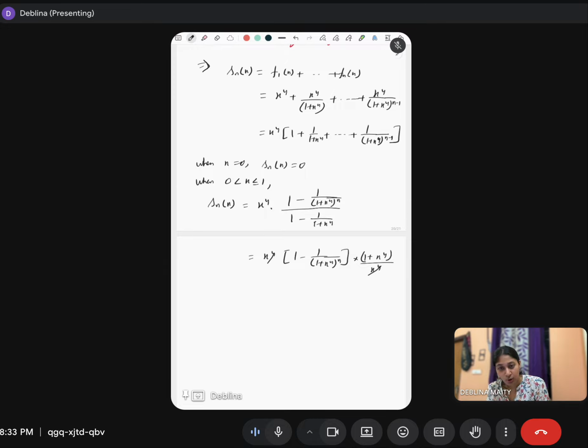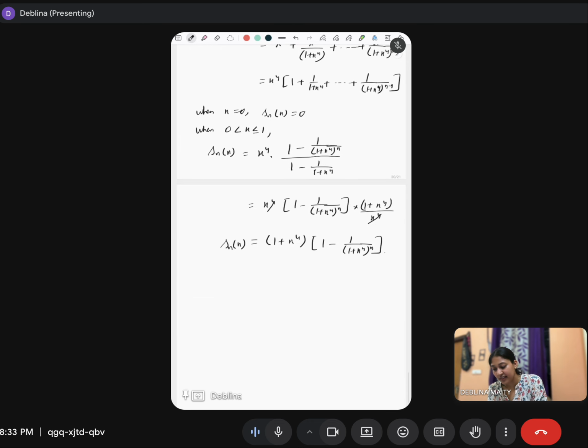So since x is non-zero, we are cancelling it, so we get S_n(x), when x is non-zero and less than 1, equals 1 plus x to the power 4 into 1 minus 1 by (1 plus x to the power 4) to the power n, right? So this is our S_n(x) when x is between 0 and 1.